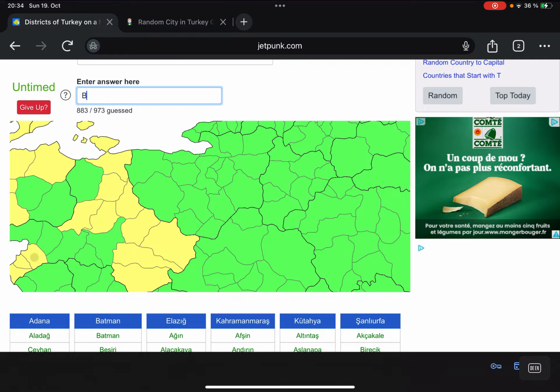Here we have Burhaniye, Gömeç, and over here in the bottom is Ayvalık, I think. Ayvalık, Balya, Savaştepe, Susurluk, Kepsut, Dursunbey, Bigadiç, and Sındırgı.